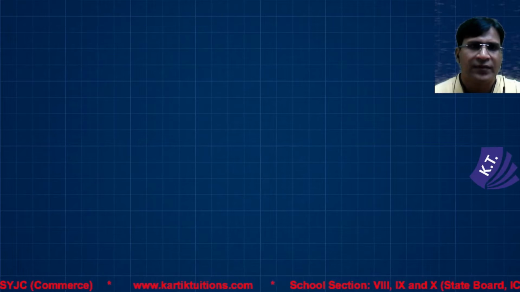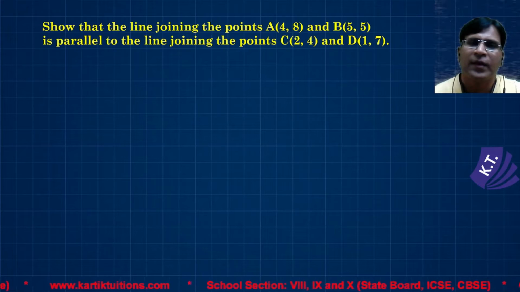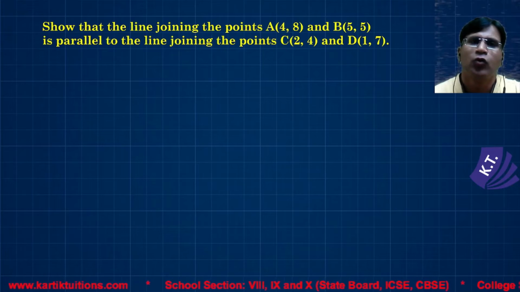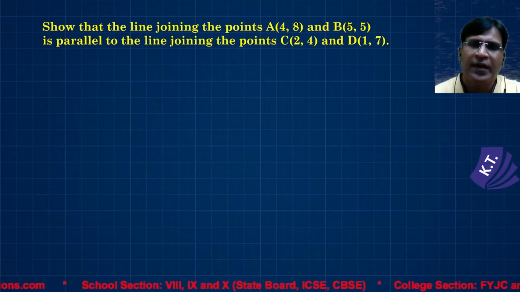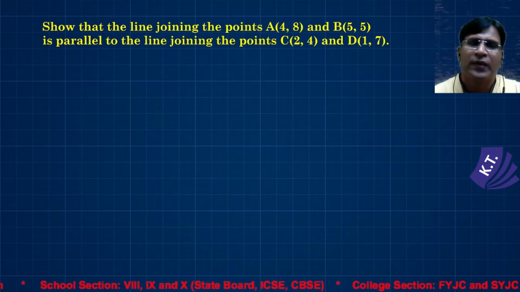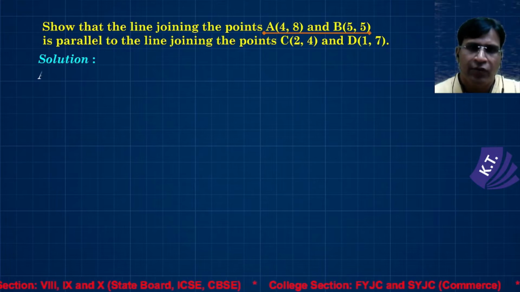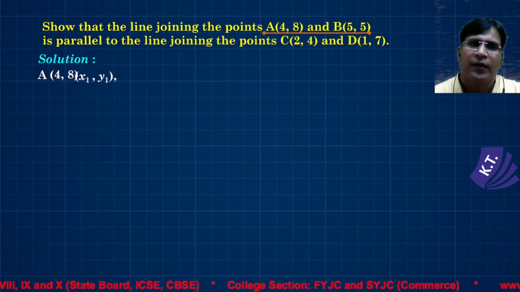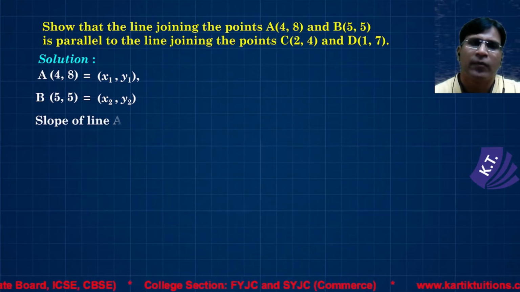Now let's have a look at one sum. Show that the line joining the points A(4, 8) and B(5, 5) is parallel to the line joining the points C and D. Now see, there are 2 lines, AB and CD. So we have to prove that line AB is parallel to line CD. First we'll talk about A and B. A coordinates will become our x1, y1, B coordinates will become our x2, y2.